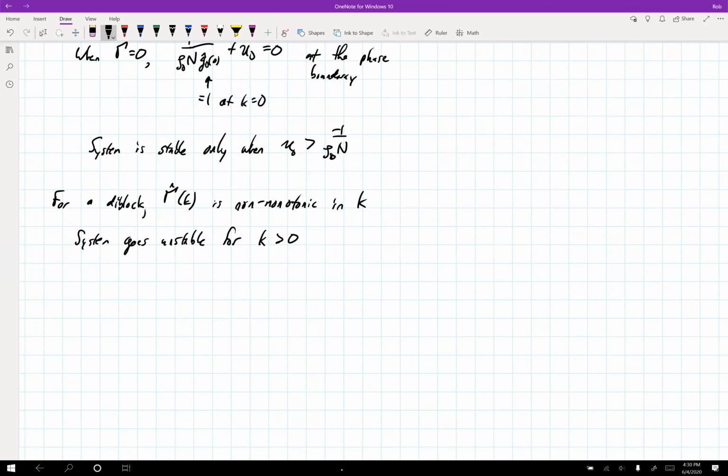The fact that this is going unstable at a finite wave vector tells you that the system is not going to macrophase separate. It's going to microphase separate, on domains that have a characteristic size of 1 over this k.